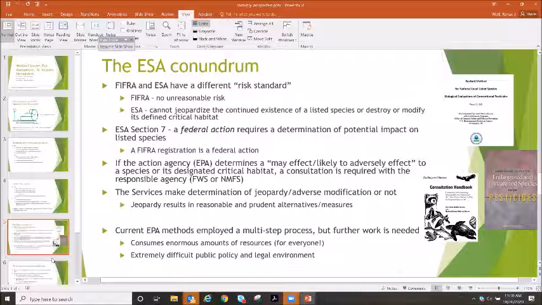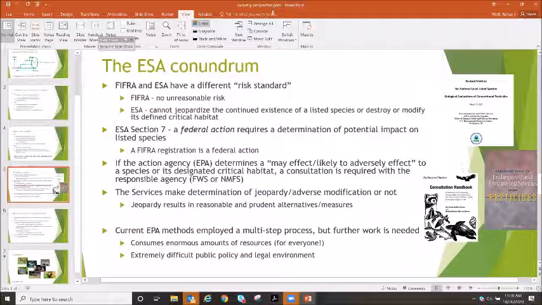There we go. Okay. Chris kind of alluded to this a little bit, but within the Endangered Species Act context, we have a conundrum. The two statutes that apply to pesticides: FIFRA is the registration law that authorizes the use of pesticides.